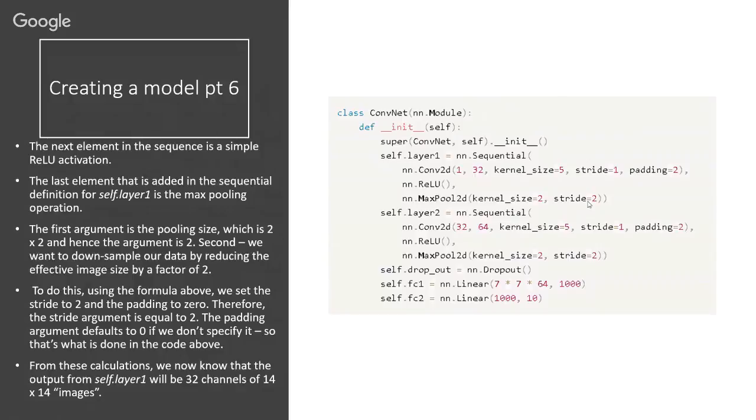To do this, using the formula, we set the stride to 2 and the padding to 0. Therefore, the stride argument is equal to 2. The padding argument defaults to 0, so we don't specify it, and that's what is done in the code above. From these calculations, we know that the output from self.layer1 will be 32 channels of 14 by 14 images.